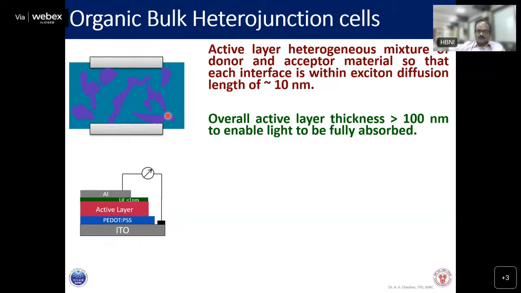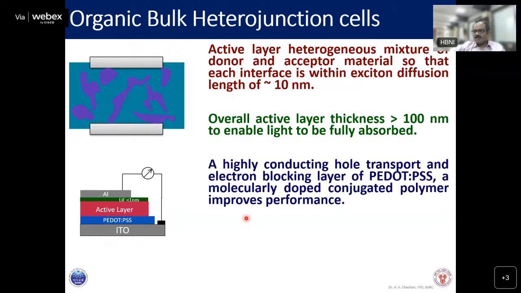So that the total light which is falling can be absorbed. It doesn't absorb 100%, but the maximum light can be absorbed in the 100 nanometer range.